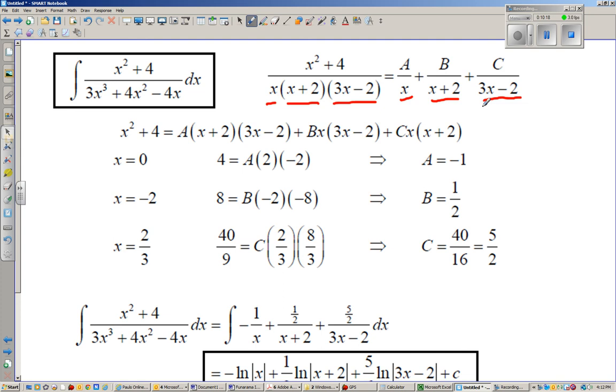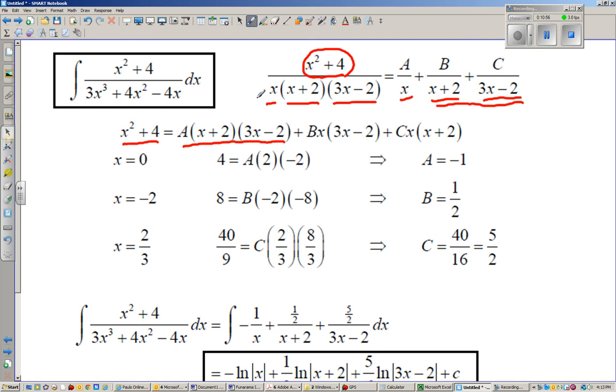So consider, if you will, that what we've got in the numerator on the left side is x squared plus 4. And on the right side, if we get a common denominator, and I didn't write all that out all over again, but if we wrote them all out, the first one, the x would go in exactly this many times, and then we'd multiply it by the a. So that's what I have here, a times that.